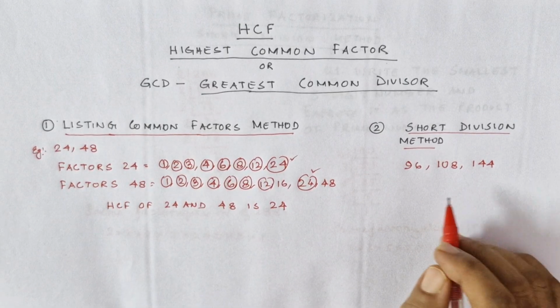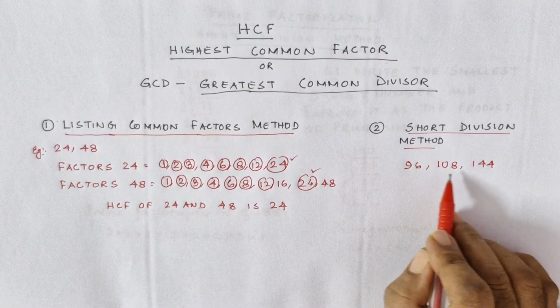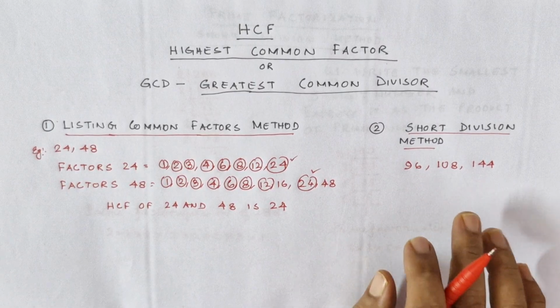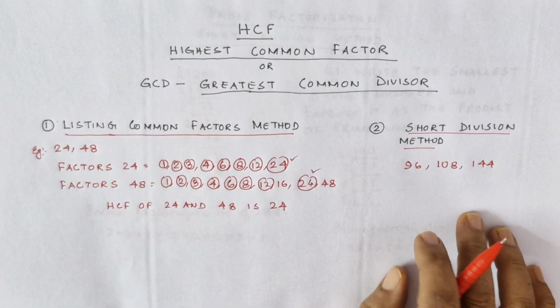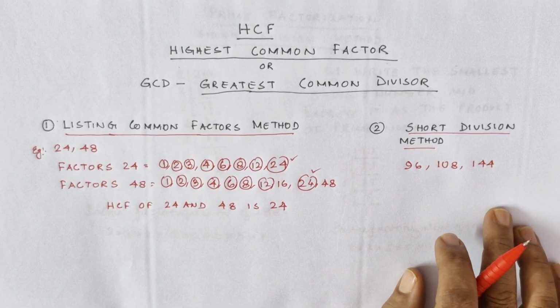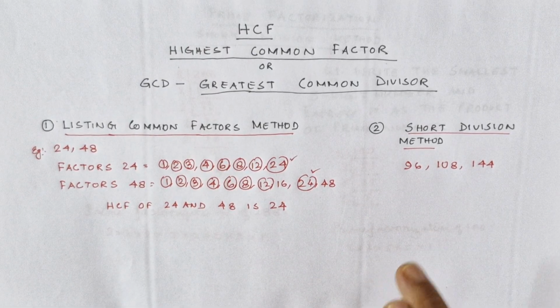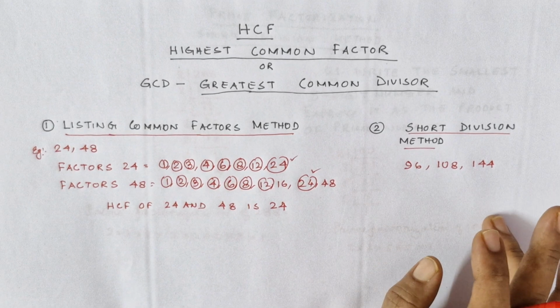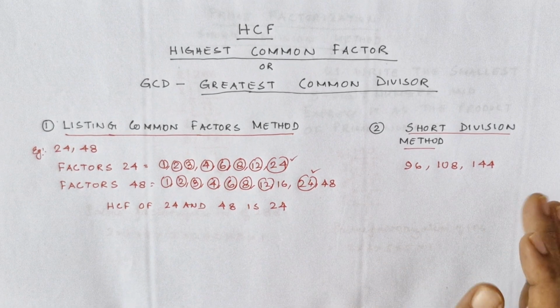We have been asked to find out the HCF of 96, 108 and 144. To find out HCF using the short division method, we divide all the numbers by a common factor, and we will continue this process till we cannot find any common factor. Let's see how.